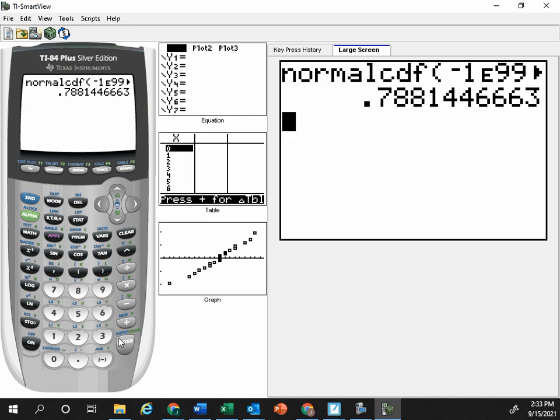So the older TIs don't prompt you for the information, you have to just know which order it goes in. Okay. You know. Yeah. Everybody good? Stuck anywhere?